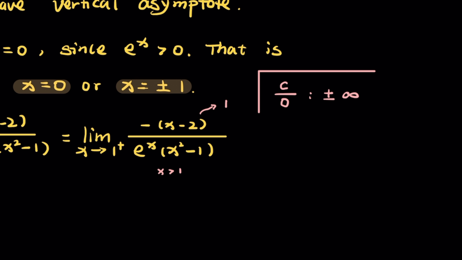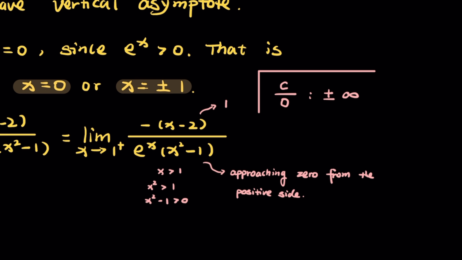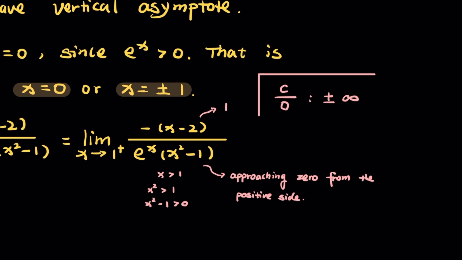In other words, x squared is also going to be slightly bigger than 1, and x squared minus 1 should be greater than 0. So my bottom is approaching 0 from the positive side. Now I have a positive number over a positive number. That's going to give me a positive number, and we know that it's either plus or minus infinity. So in this case, we would get plus infinity.